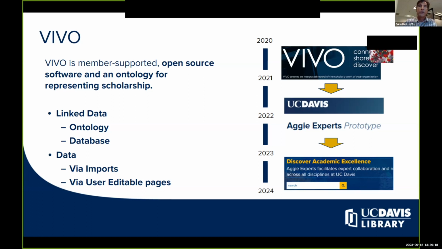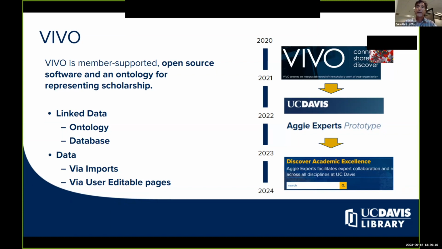And we've been working with the VIVO system for about 3 years now. We started in 2020 when the library was tasked to very quickly try to bring up something to identify all the work that was being done at UC Davis in relation to the COVID epidemic.